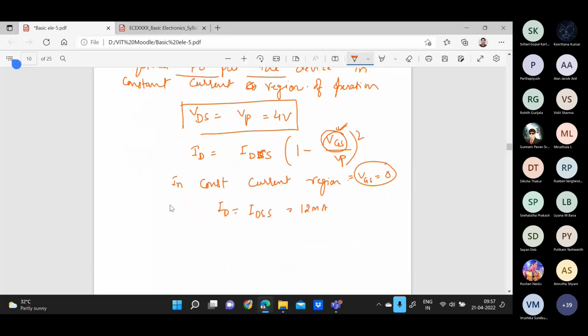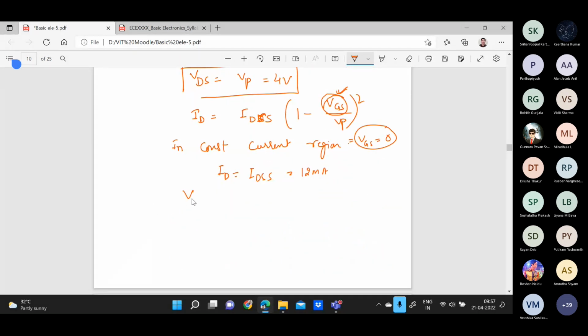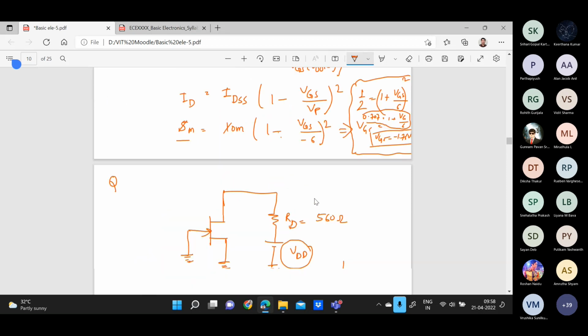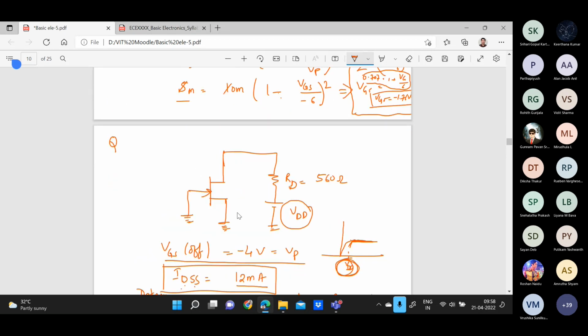Now, the value of VDD will be equal to VDS plus IDRD, right? If you apply the loop here, the VDD, here the current is ID, and here the drain to source voltage.